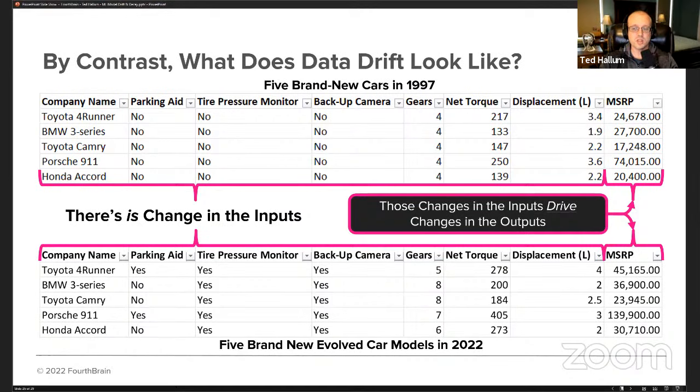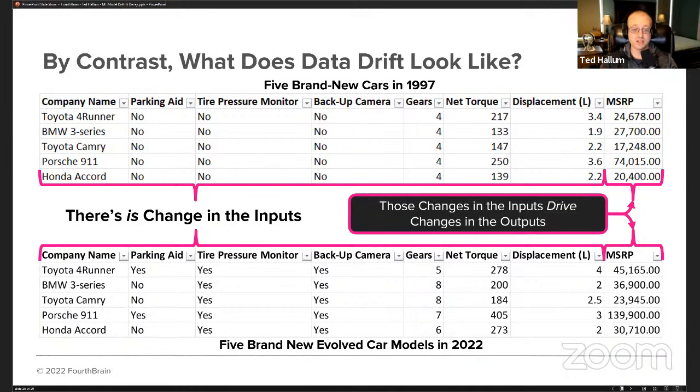But in this case, we actually do have inputs that would matter, and it's the changes in those inputs, all the extra features that these modern cars have, that are driving the MSRP up. And in a lot of cases, if you were paying attention, it actually drives the price up higher than what inflation can justify.